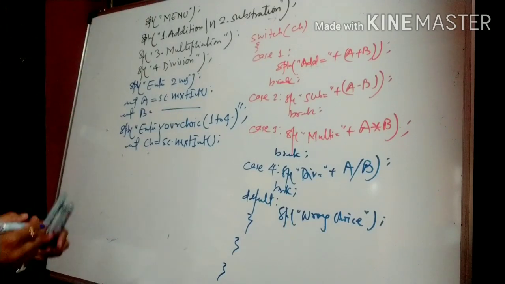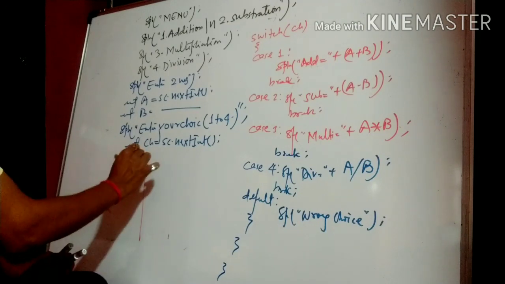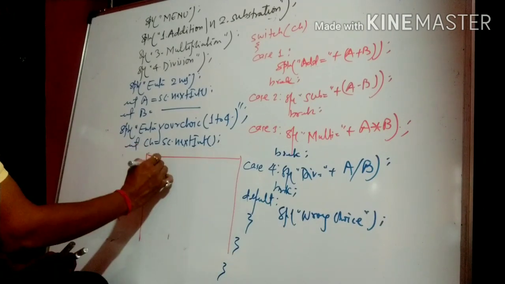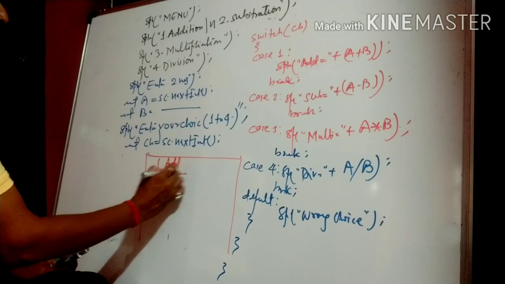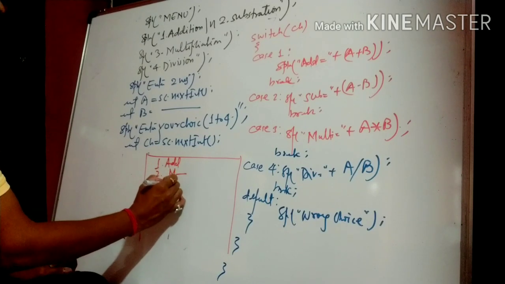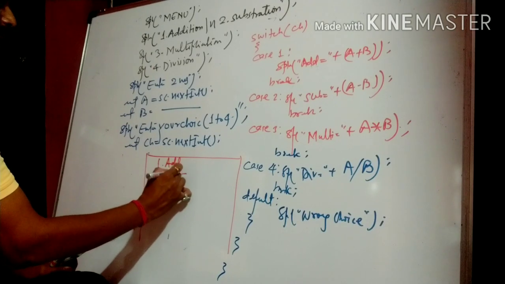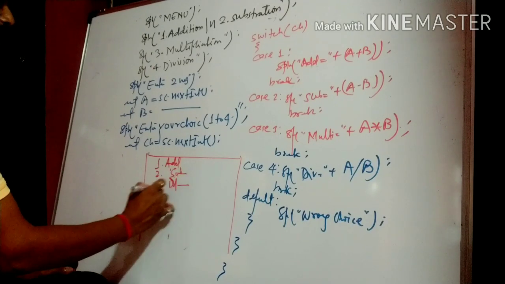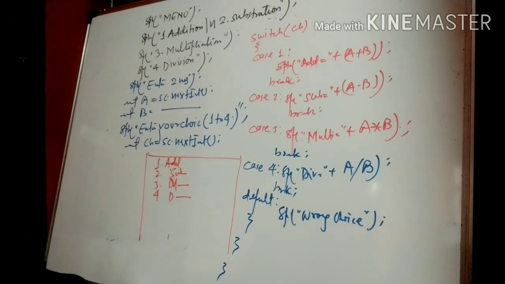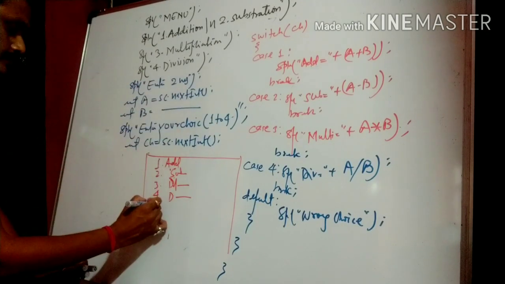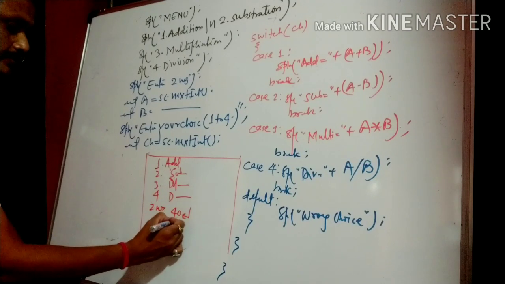After that, when you execute your program, you will get this output: number 1 addition, number 2 subtraction, number 3 multiplication, number 4 division. Now enter two numbers, suppose we input one number as 40, another number as 10.